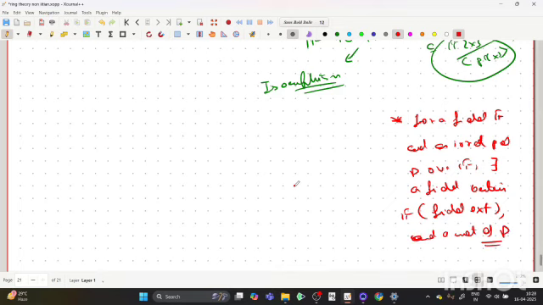So every irreducible polynomial over some field has a root in some field extension. You can always get hold of a field extension which will contain some root of an irreducible polynomial of the smaller field. Got it? And therefore, this also concludes whatever I was trying to discuss.